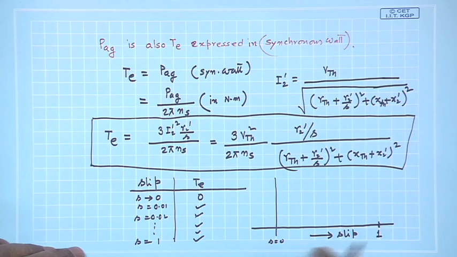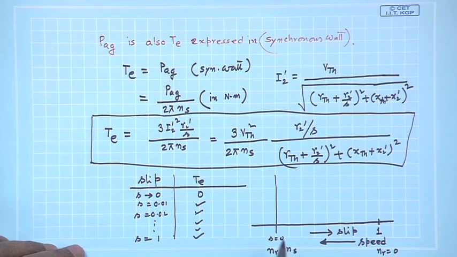And when you are plotting slip this way, this is speed, one and the same way. Either you tell the speed, and this is n r equal to 0 and this is n r equal to n s. You must keep this picture in mind.